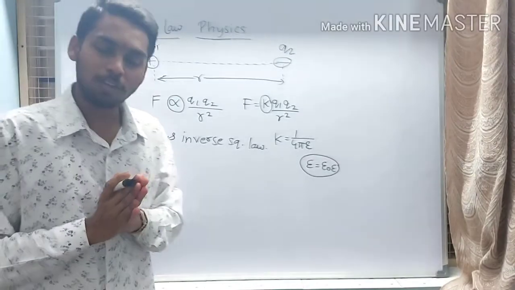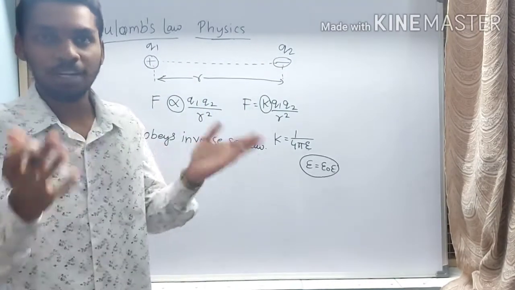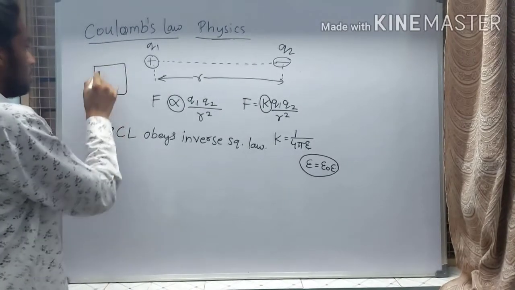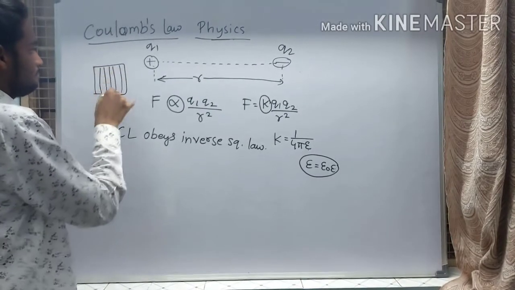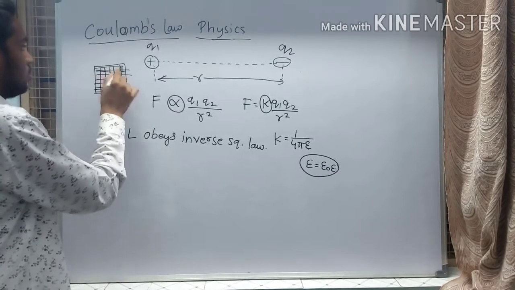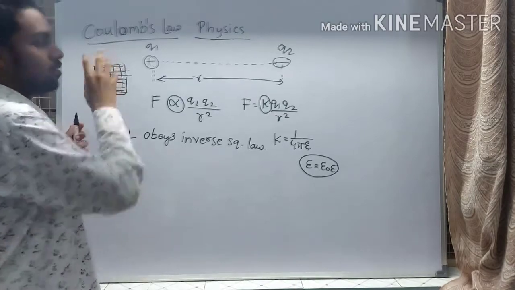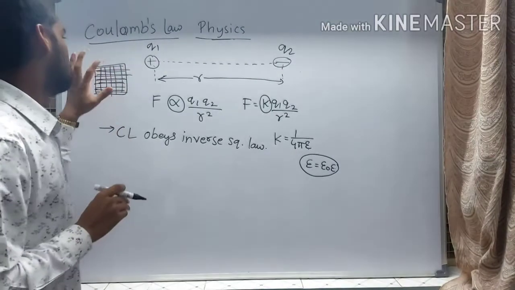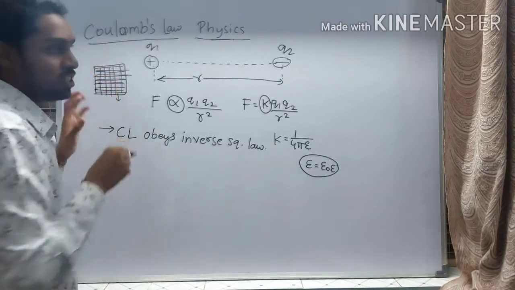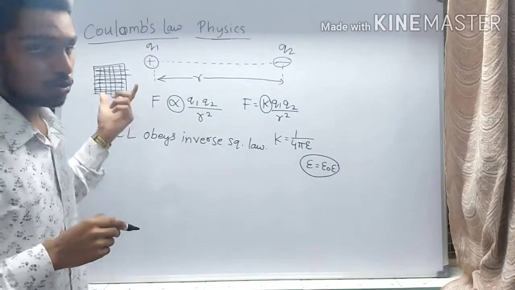In simple words, permittivity means allowance of a charge in a medium. Meaning, if I take a small plate or a mesh like structure, and if I pour grains or something in this, how much percent of those grains poured are going to pass through this mesh?